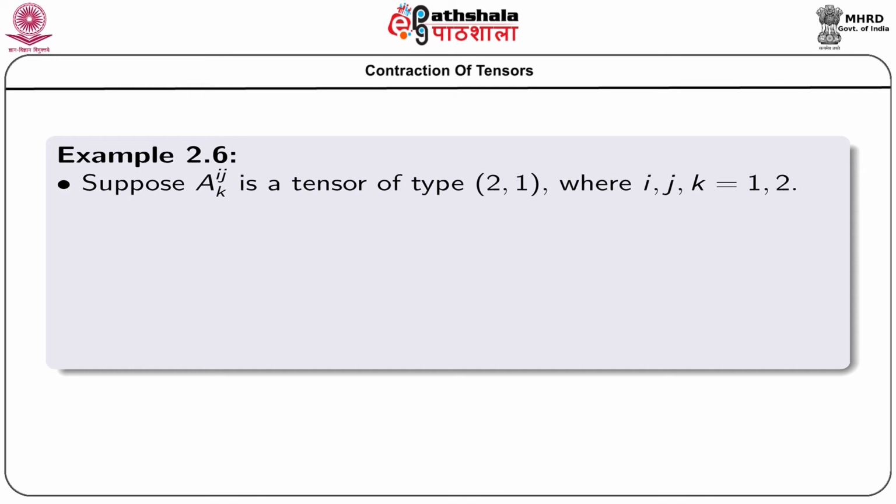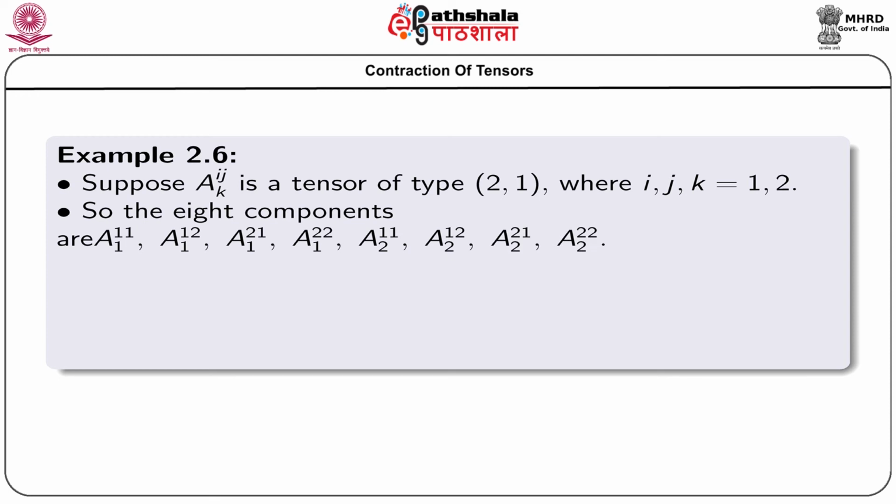So, a i j k has 2 cube, that means 8 components. These are the 8 components: a111, a121, a211, a221, a112, a122, a212 and a222, because i, j, k are running from 1 to 2, as we have taken the dimension of the vector space as 2.